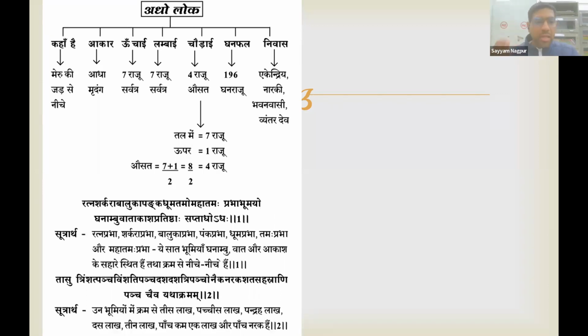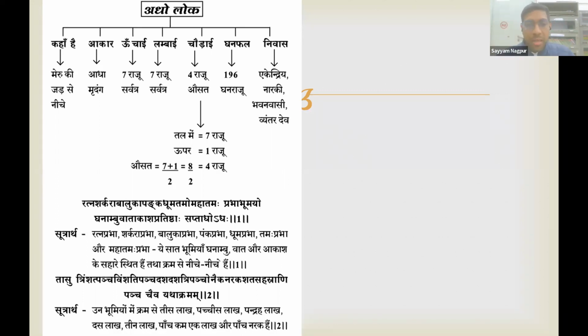Ghan Vatvalay, Ghanambu Vatvalay, and Tanu Vatvalay. These are the names of these three Vatvalayas. Sapt Adhodhaha. Sapt means 7. Adhodhaha means one below the other. So this is how the first sutra tells us that these are 7 lands, and these are the names of these 7 lands. They are one after the other, one below the other.